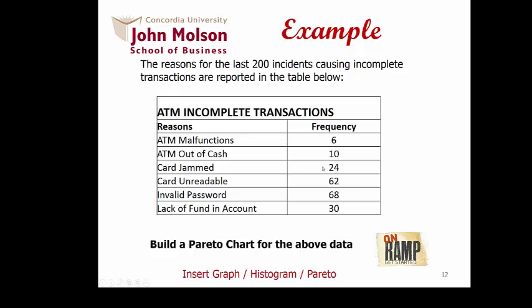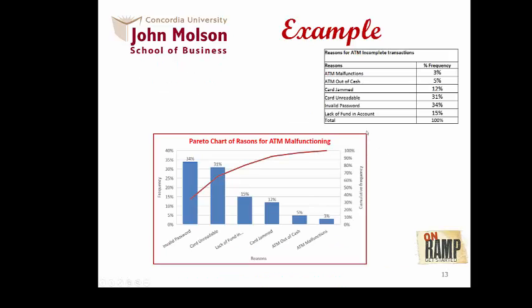Keep in mind that these are not in any increasing order. So we've now used a percentage frequency, and this is how a Pareto chart looks. It has taken the highest frequency, which is the invalid password at 34, and put it first. Which one is the second one? The card is unreadable, 31. And then 15, 12. It has rearranged the order in terms of decreasing frequency.